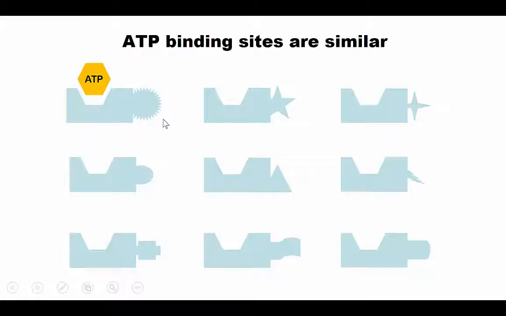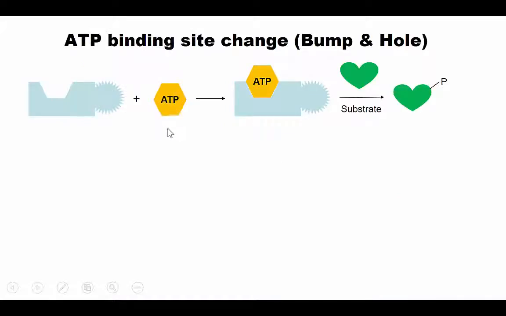To solve the problem, here is one other trick. So let's say this is your target kinase, and if you add ATP, then your substrate can be phosphorylated like this. Here, this ATP binding site you can modify. Kinase is a protein, so this should be composed of amino acids.